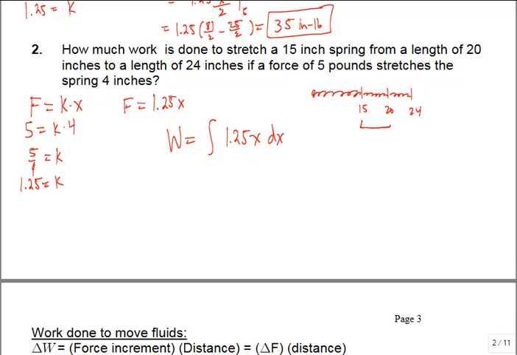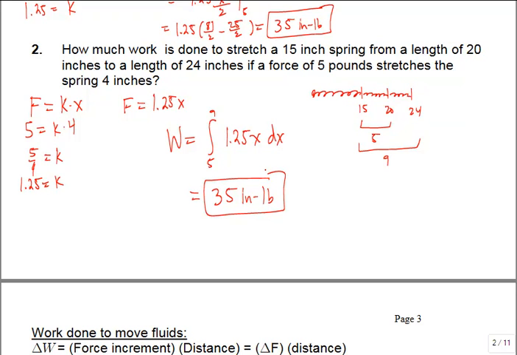So initially, when I go out to this 20, that's a 5-inch stretch, and then to go out to 24, that would be a total of a 9-inch stretch. So my bounds again are going to be from 5 to 9. So it's exactly the same problem and integral as the last one, even though we're stretching this time instead of compressing. So this work integral is going to give me the same answer as before, 35 inch-pounds.